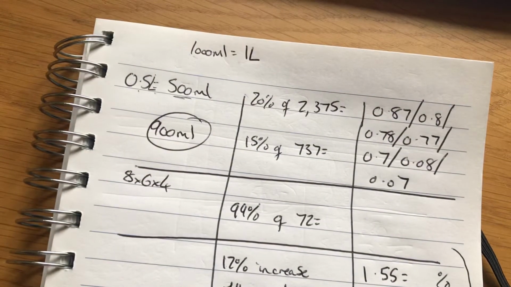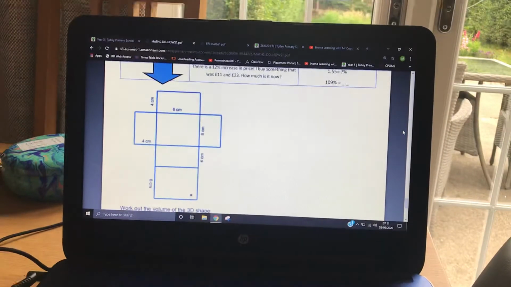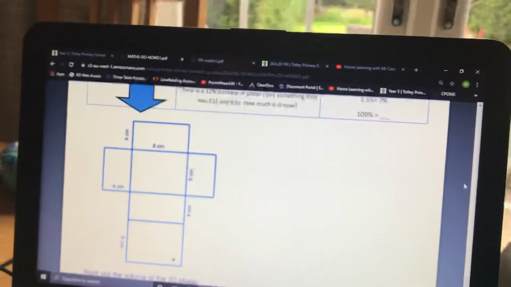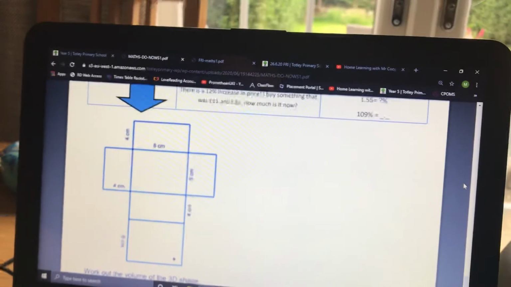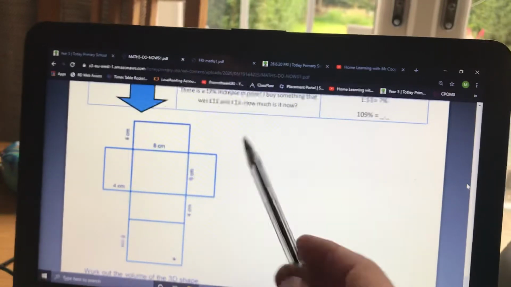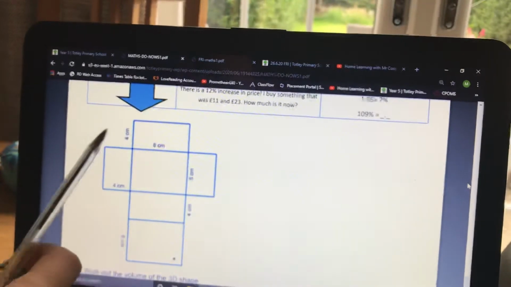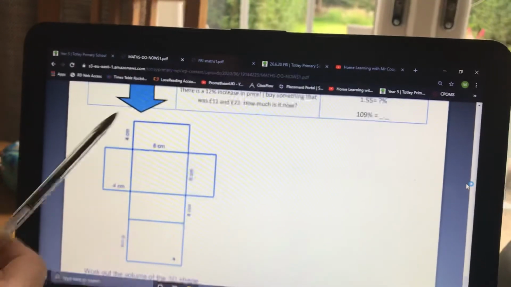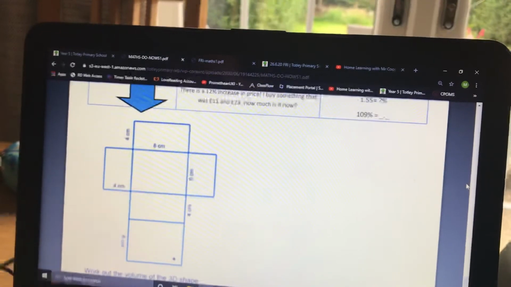I like this question. You've got a net, but what is the volume of the shape? Well, looking at that net, you should know that it's some sort of cuboid, but you don't really need to sort it out, because if you look carefully, you've got three measurements, 4, 8, and 6.